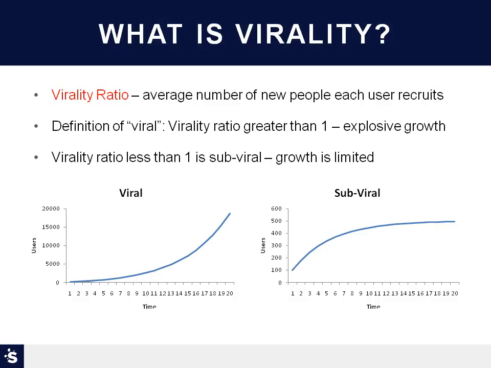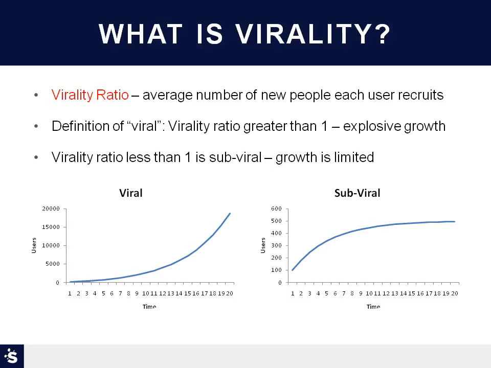What it tells you is that for every new person that comes in, for every person who sees that video or signs that petition, on average, how many people are they recruiting to come back in and also see the video or sign the petition? That will tell you what it looks like over time as people engage with your content and tell their friends about it.